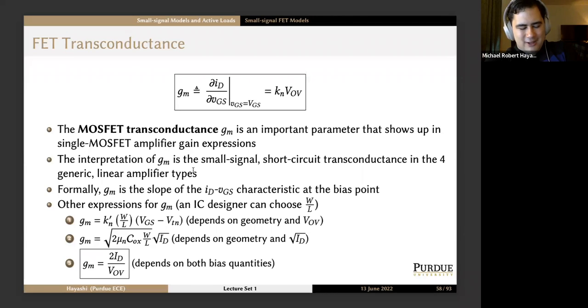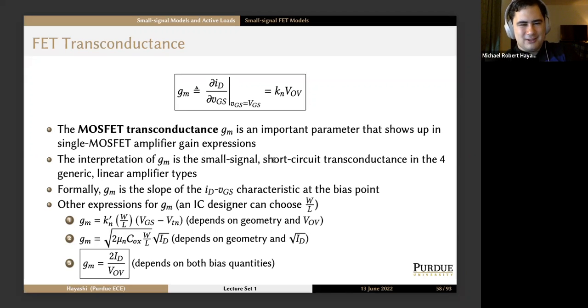How do you relate voltage in to current out? With a transconductance. The current out is equal to the transconductance times the voltage in, and specifically it's lowercase because it's small signal. It's called the short circuit transconductance because that's how you would characterize it: you would short circuit the output to figure out what it is. You don't want to apply a load to it, as that would change the circuit.